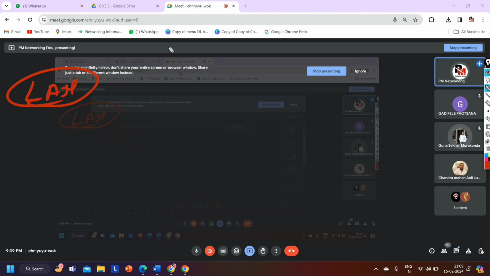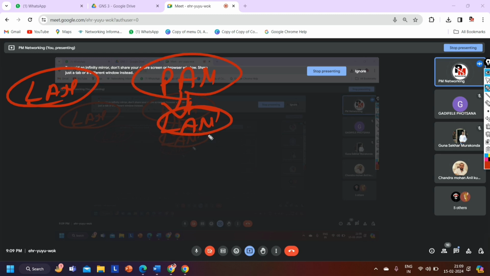And what is PAN then? What is a personal area network? This is smaller than a LAN, local area network. Like Bluetooth. You are sending some music or photos to your family member with Bluetooth. Through Bluetooth, you can connect two devices together, two mobile phones together, and then you can share data.